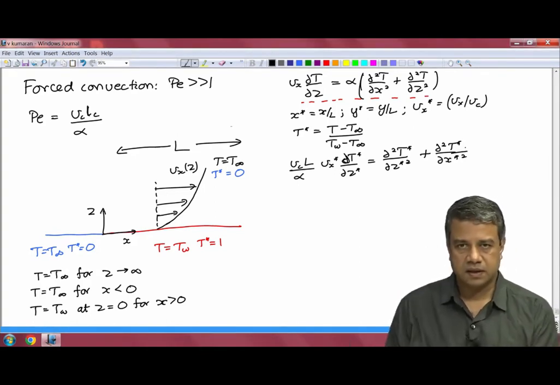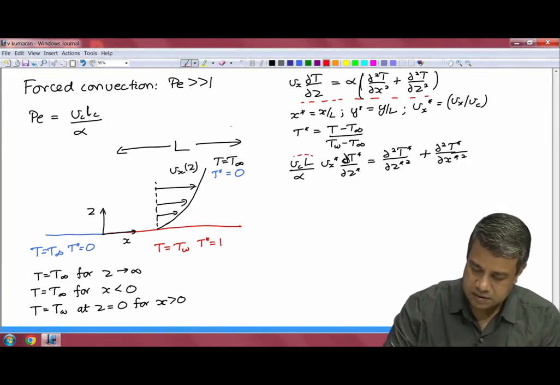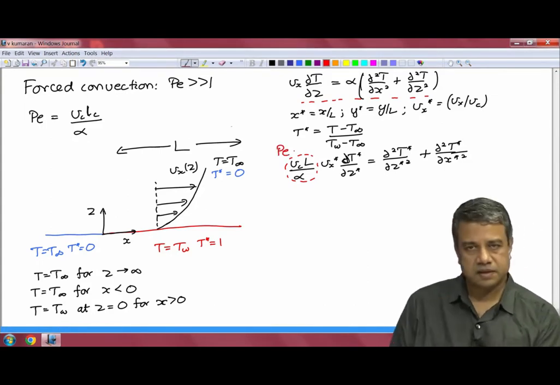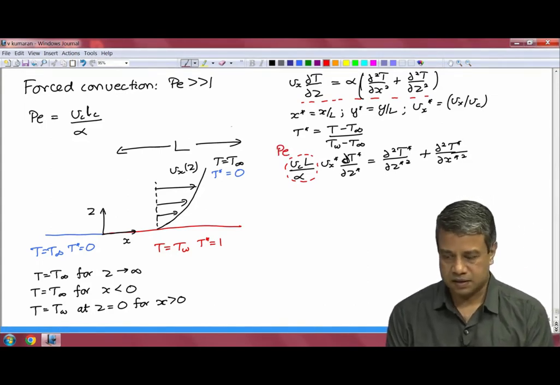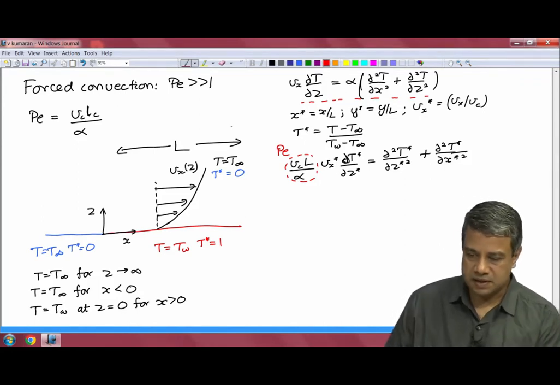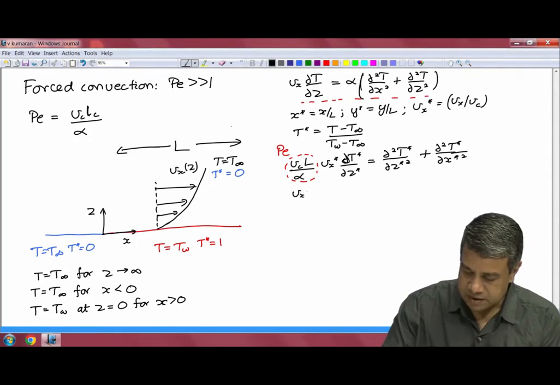So, that is the equation for the temperature, where this is the Peclet number based upon the characteristic velocity and the characteristic length. When this Peclet number is large, you can divide the equation throughout by the Peclet number, and if you neglect terms that are proportional to the inverse of the Peclet number, in this case, the solution that you get is Vx star partial T.